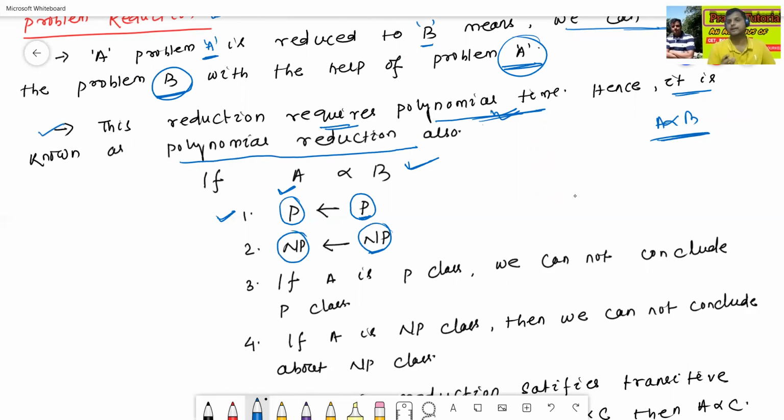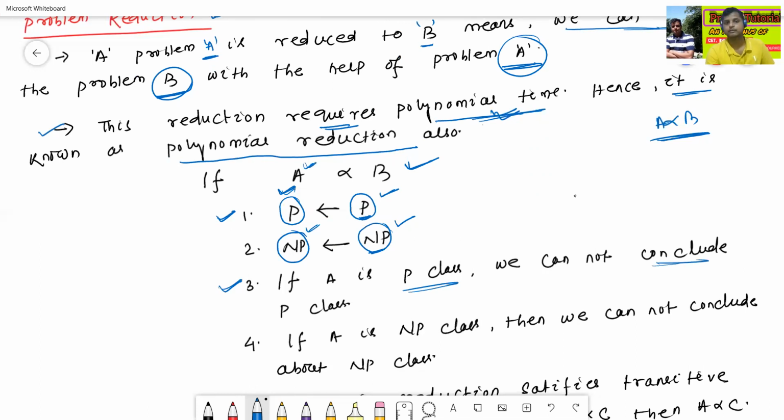So if B is P class, A is P class. If B is NP class, then A is NP class. This is very simple.